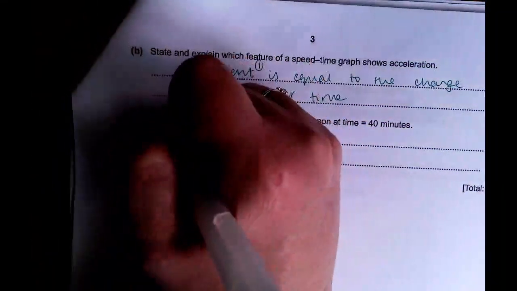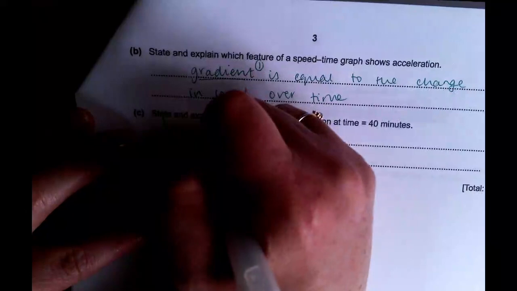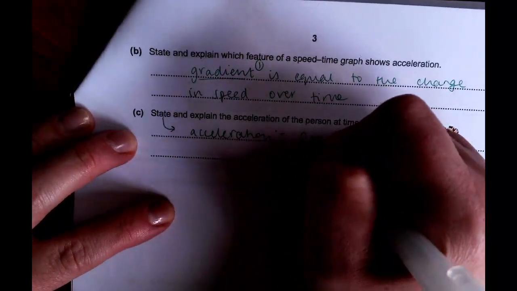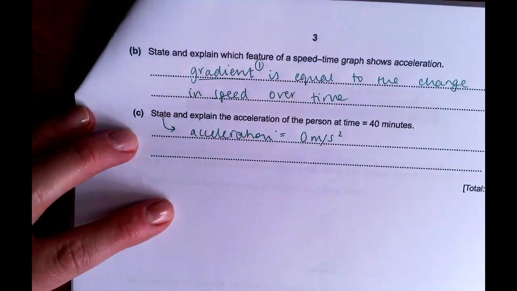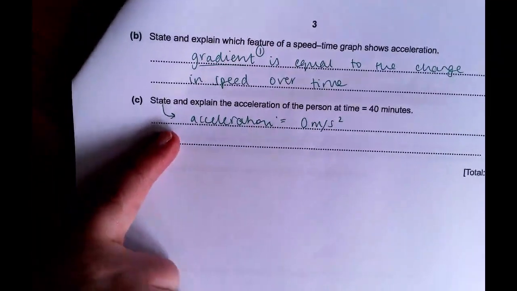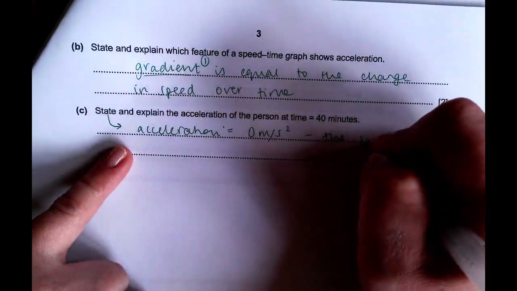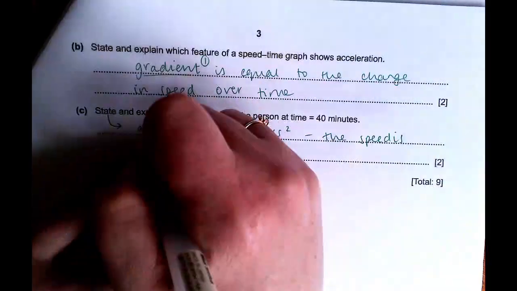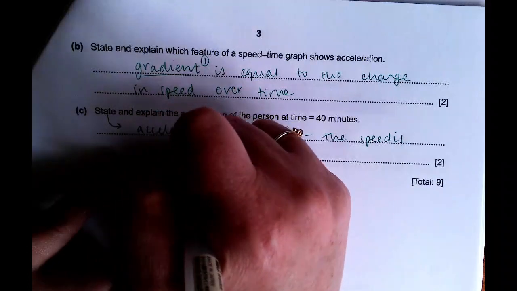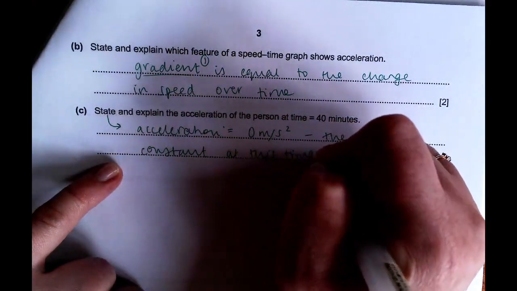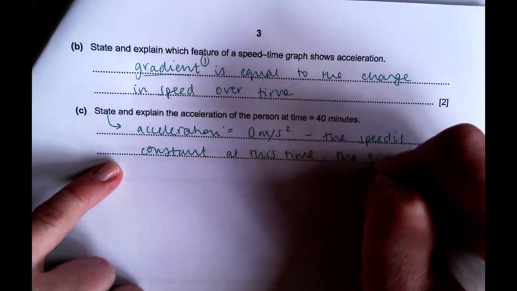So the statement bit is that the acceleration is equal to 0 metres per second squared, and the explanation is that the speed is constant at this time, or you could say the gradient is 0.